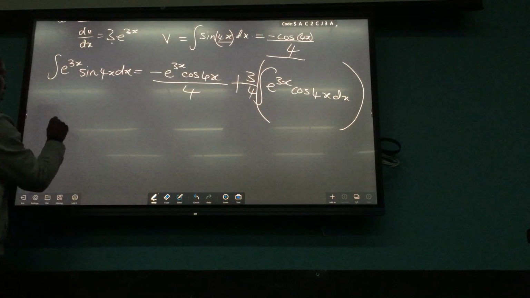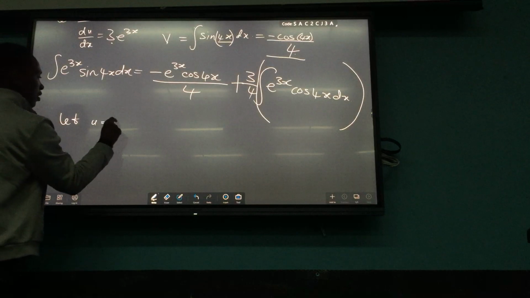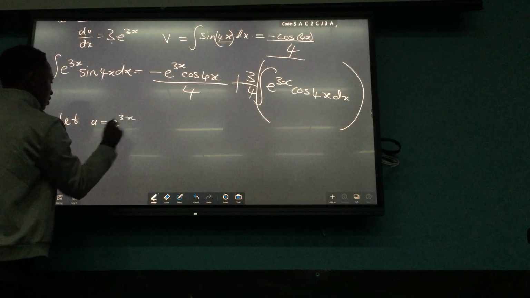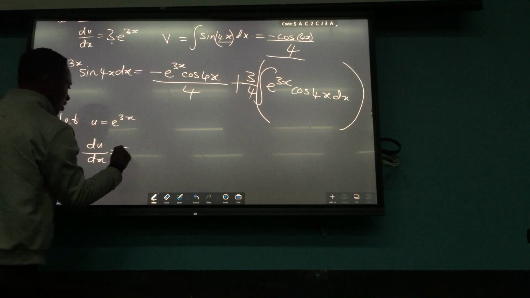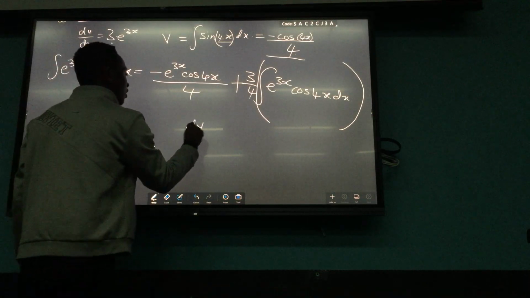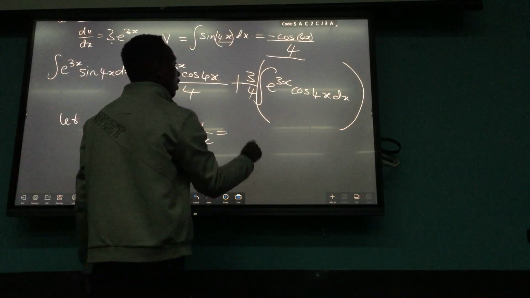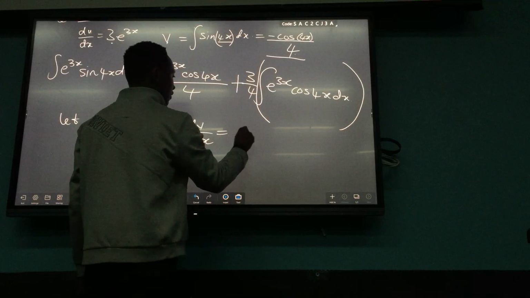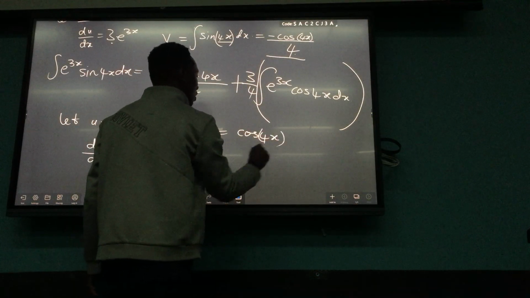So we're going to say let u equal e to the 3x, du over dx is going to be equal to 3e to the 3x, dv over dx is going to be equal to cos 4x, because that's what's remaining after choosing u.